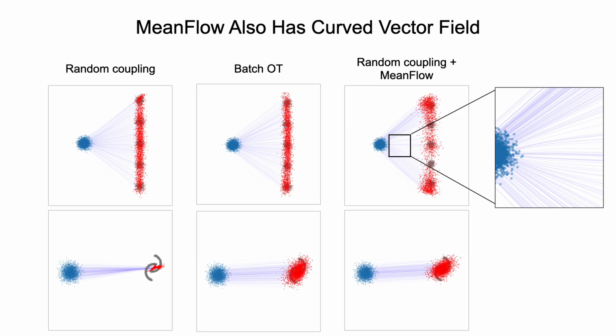In the rightmost column and zooming in, you can see the trajectories near the source still spread in all directions, just like random coupling. So both directions, batch OT and shortcut models, share the same bottleneck. The velocity field itself is still curved, and they work around it rather than fix it.